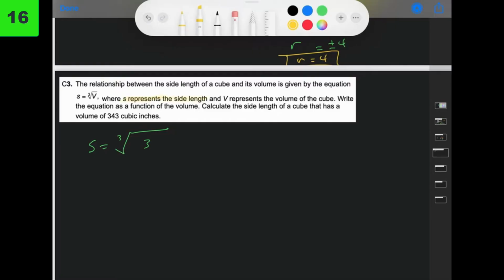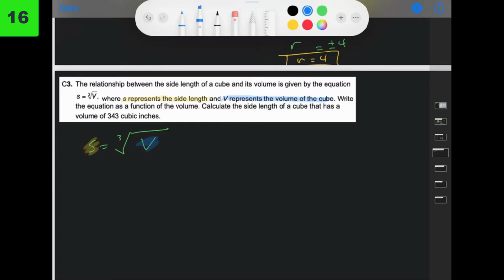S represents the side length. So this S is the side length. That doesn't look like a V. And the V represents the volume of the cube.